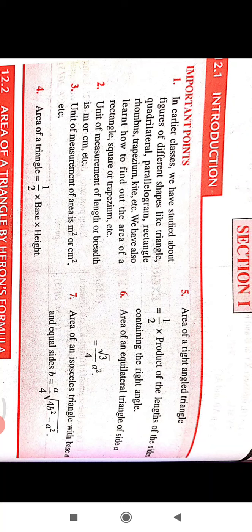The unit of measurement of area is meter square or centimeter square. That we have learned in standard 8 and 9 also.